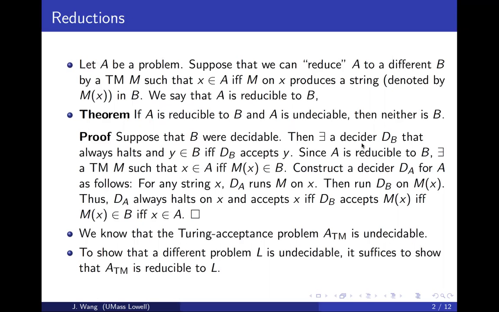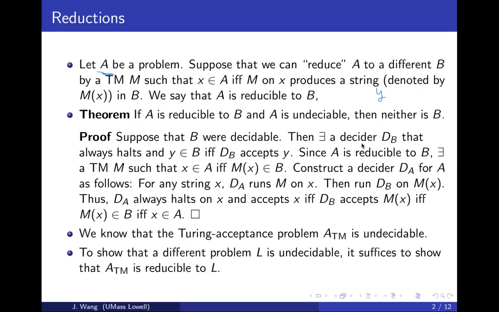Let's say we have a language A, and then we say that we can reduce this language A to a different language B. So B is a language by a Turing machine M. What it means here is that X is in A if and only if this Turing machine M on this input X produces a string, let's say Y, and that's in B.